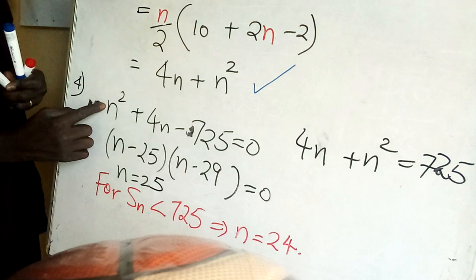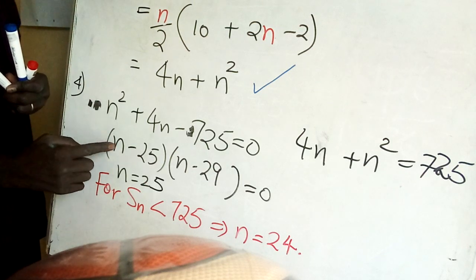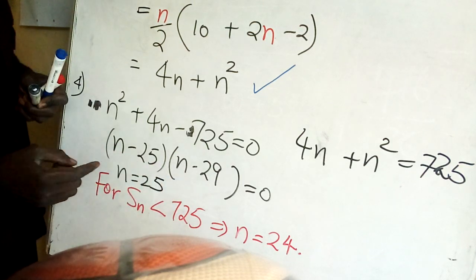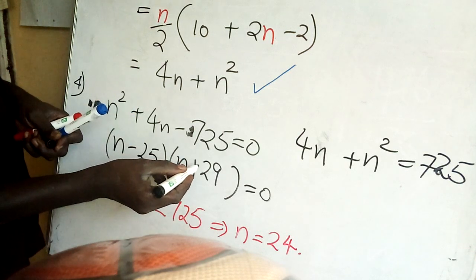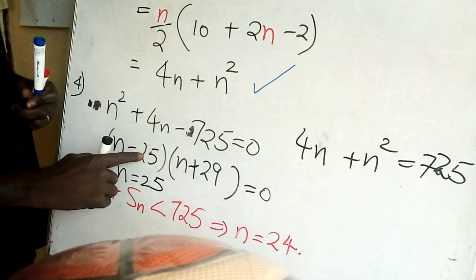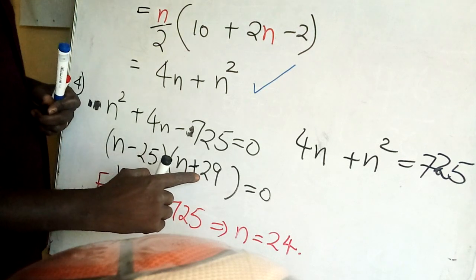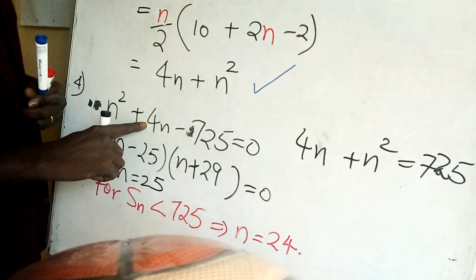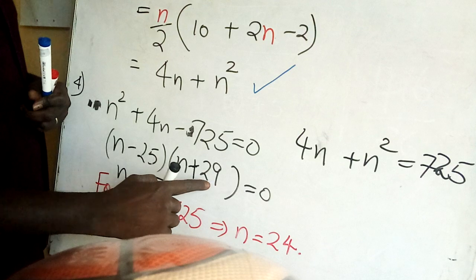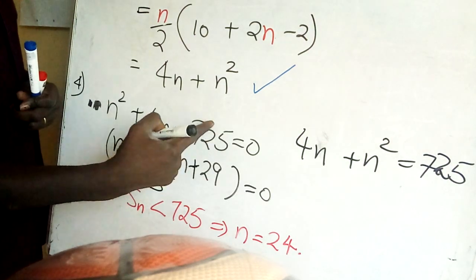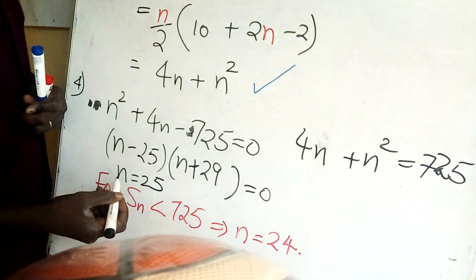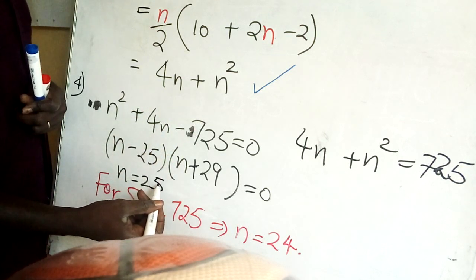Since the coefficient here is 1, we can get two figures directly. So we have negative 25 plus 29 gives me 4. But when I multiply, they give me negative 725. So from computing this quadratic, n is equal to 25.